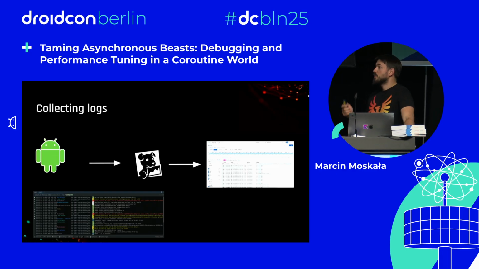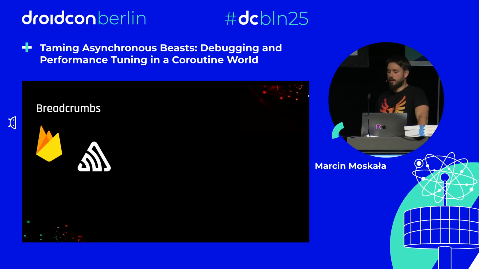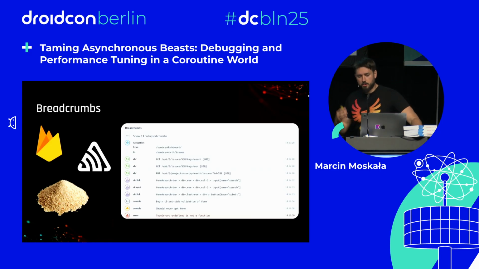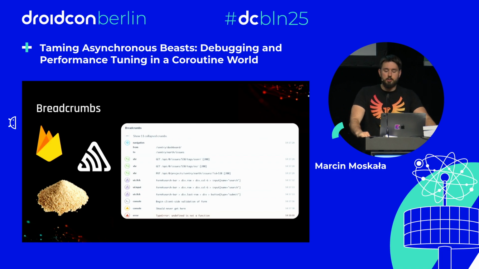But on Android, the most practical usage of logs is in services that are issue trackers like Firebase or Sentry. They all have built-in support for breadcrumbs. These breadcrumbs by default include user interactions and navigation. However, if you add some logs, then they are also included. You can configure it to include logs there.